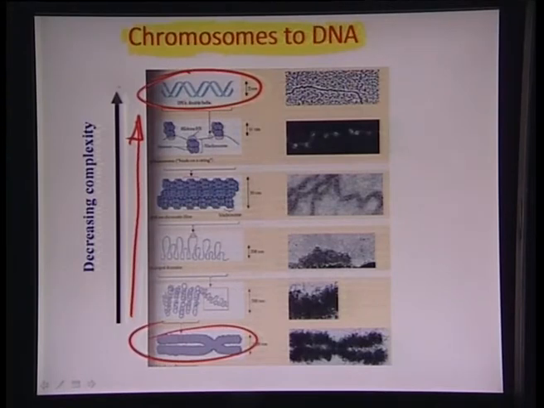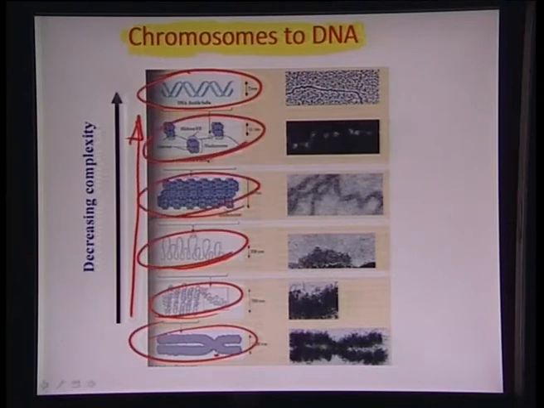Here it is a supercoiled, super compressed structure in the form of a double Y. If you keep opening this in the various steps you are seeing here, you begin to open this supercoiled structure step by step, and then you finally come to a form which is the DNA molecule.